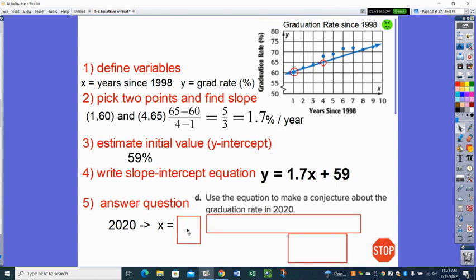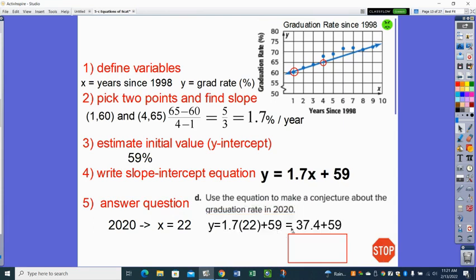So you should be using 22. Then you put 22 into your equation. What would the percent graduation be if this trend continues in 2020? So 22 times 1.7, add 59, and it's going to be about 96.4% if this trend continues.